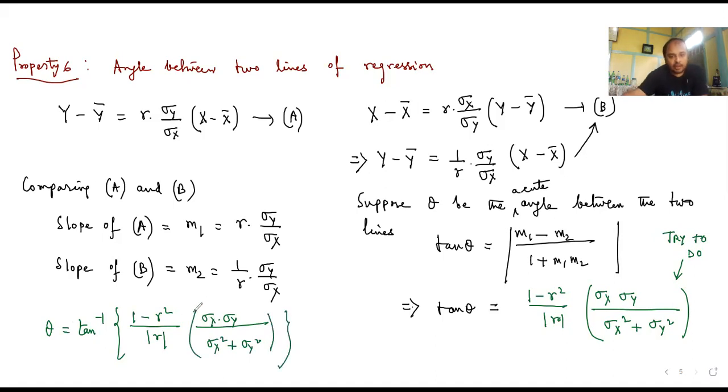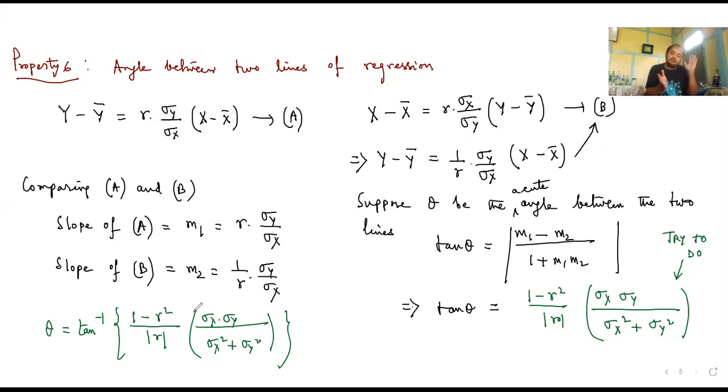Now from this you can have several analyses. If r equals 0, that is, if the correlation coefficient between the variables is 0, then we get theta to be tan inverse infinity, which means theta is pi by 2.